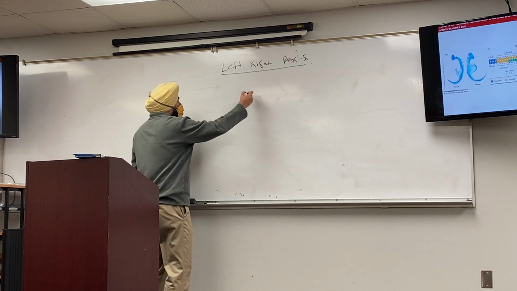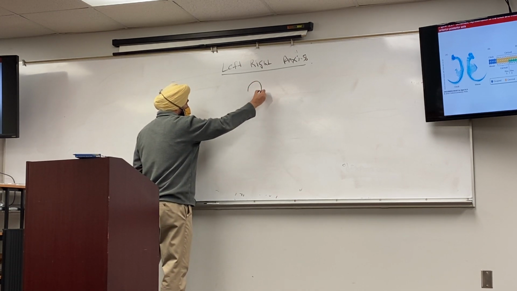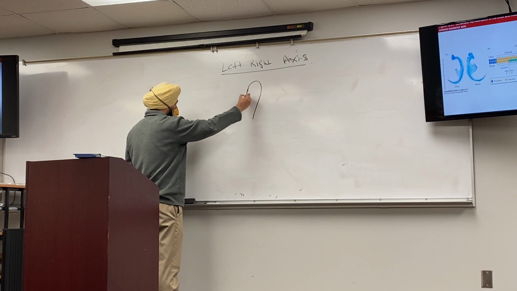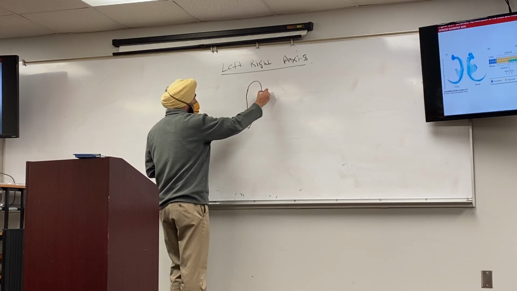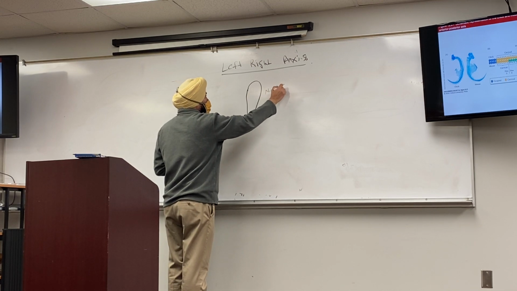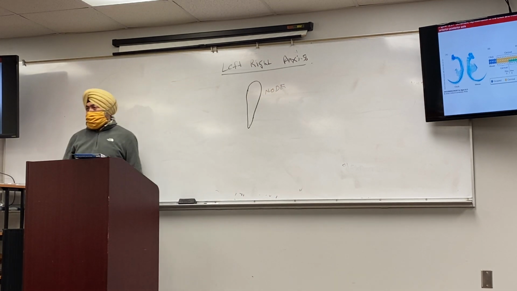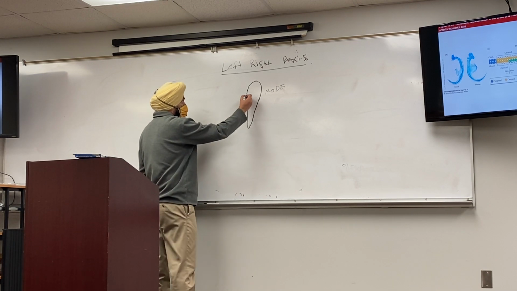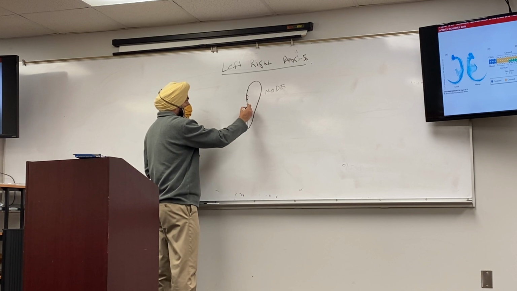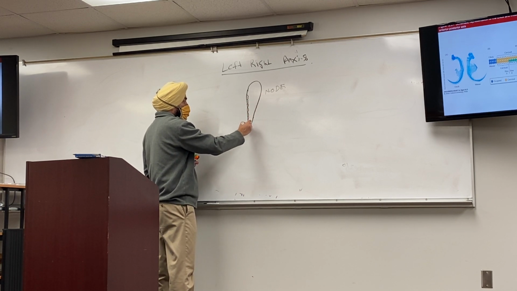So right here you have, just drawing the cells of the node. So this is your node. Remember that the embryo is fluid filled, there's a lot of fluid there, right? So the cells lining here are the node cells.